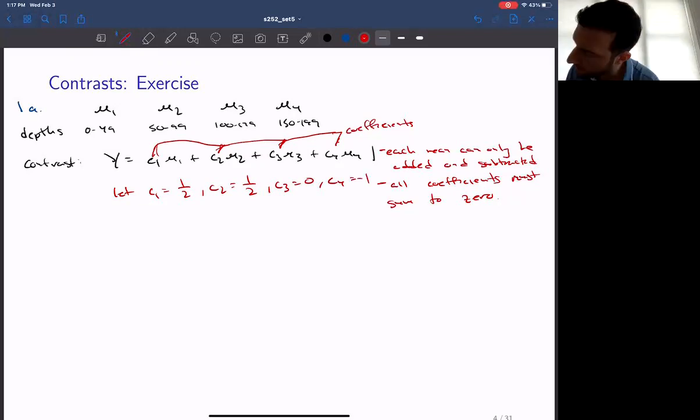Okay. So check if the sum of C1 to C4 is 0.